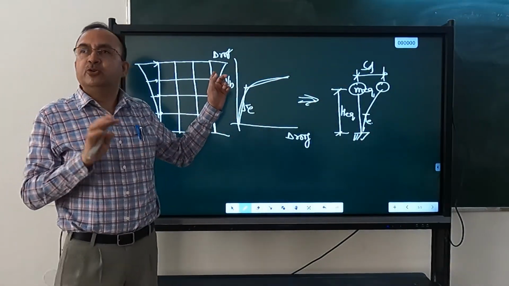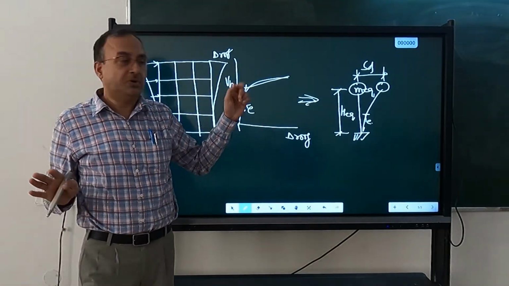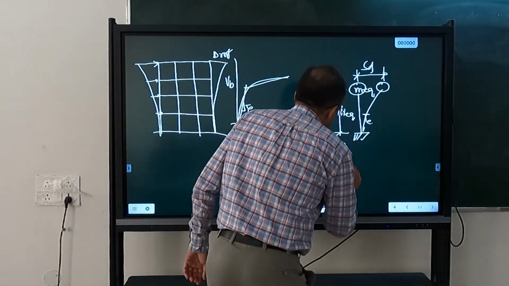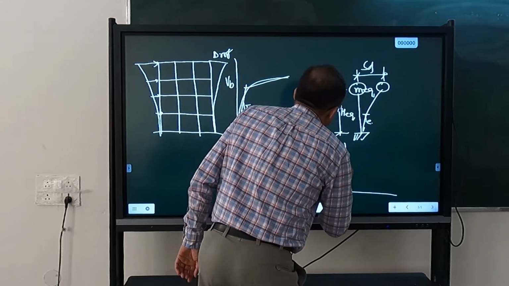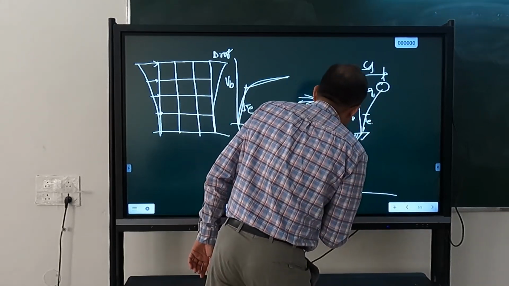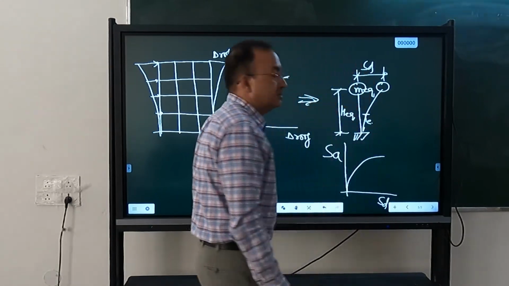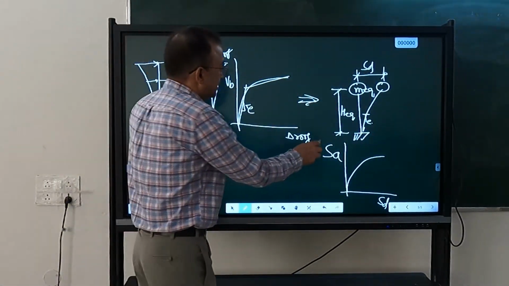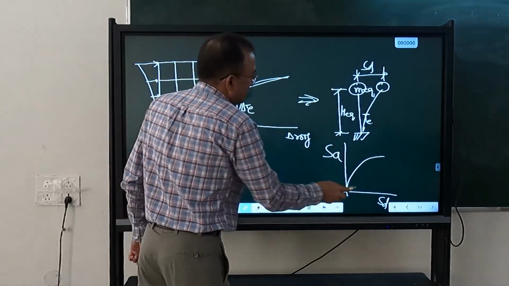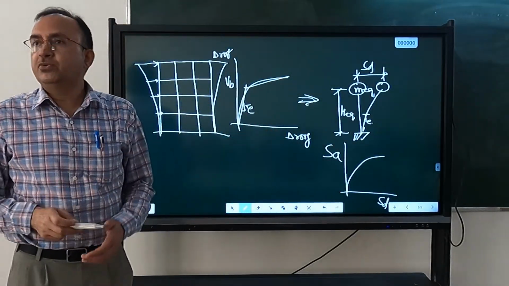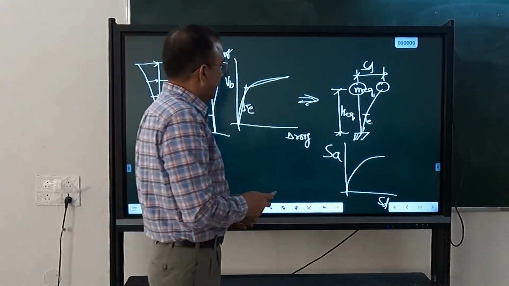The relationship between SD and delta roof you also know. Its capacity curve will be given in terms of SA versus SD, which will be similar. But this will be SA in place of base shear, and SD in place of delta. The relationship between them you know.